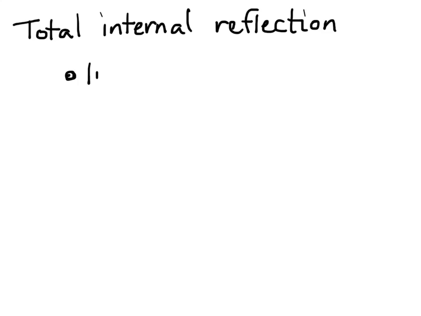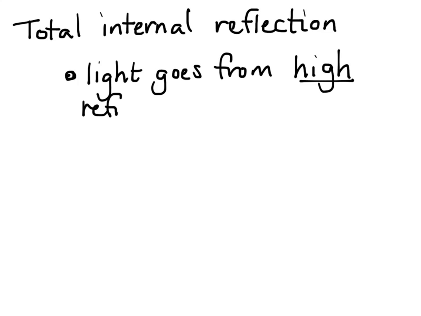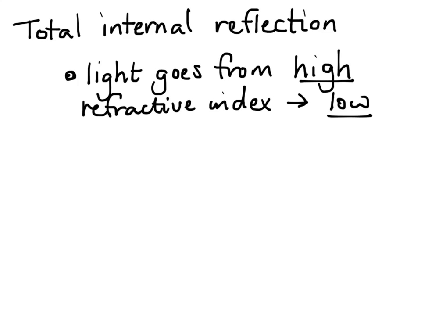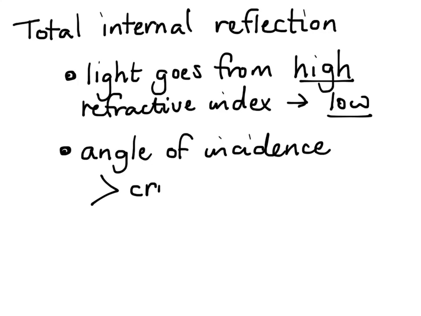Okay, so total internal reflection. Key points about it is that the light has to be going from a high refractive index to a low. So for example, from glass or water into air. And in order to get the total reflection, you have to have the angle of incidence greater than the critical angle.